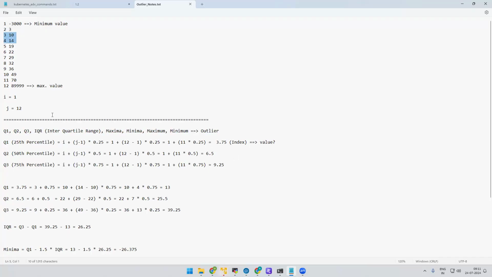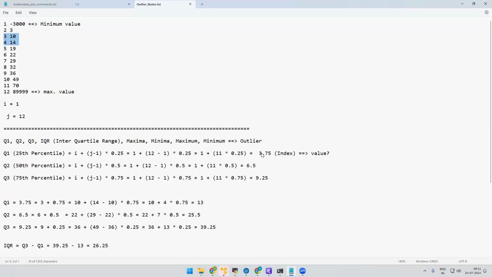So the way we need to calculate 3.75 is, we know 3. What is 3? 10. Let's take 3.75 as 3 plus 0.75. The value at 3 is 10, plus we need to calculate 0.75. 0.75 is between these two, so the way we calculate is 14 minus 10 multiplied by 0.75.